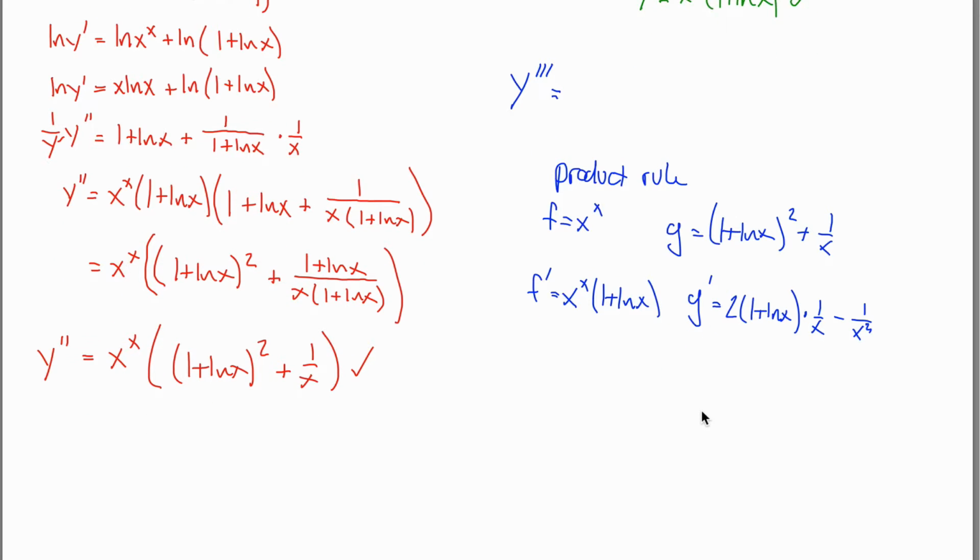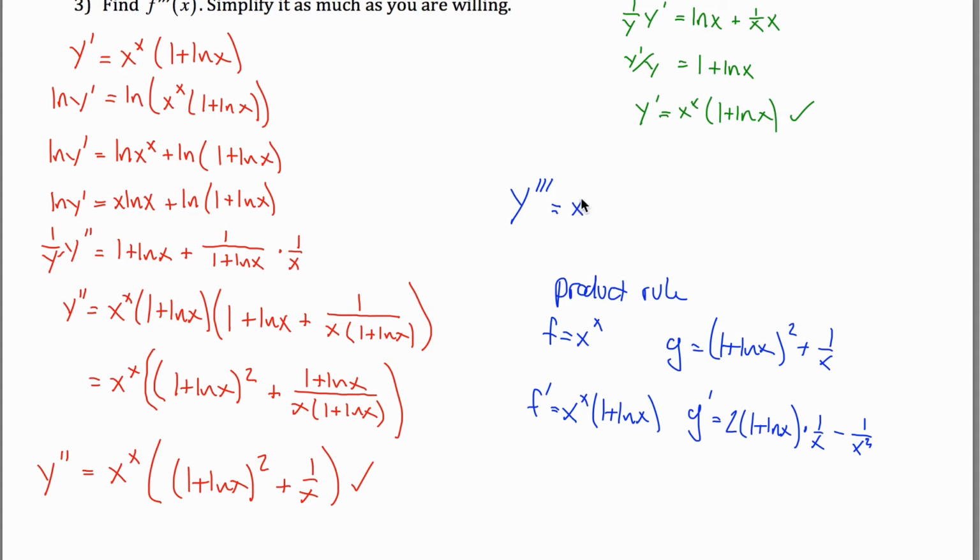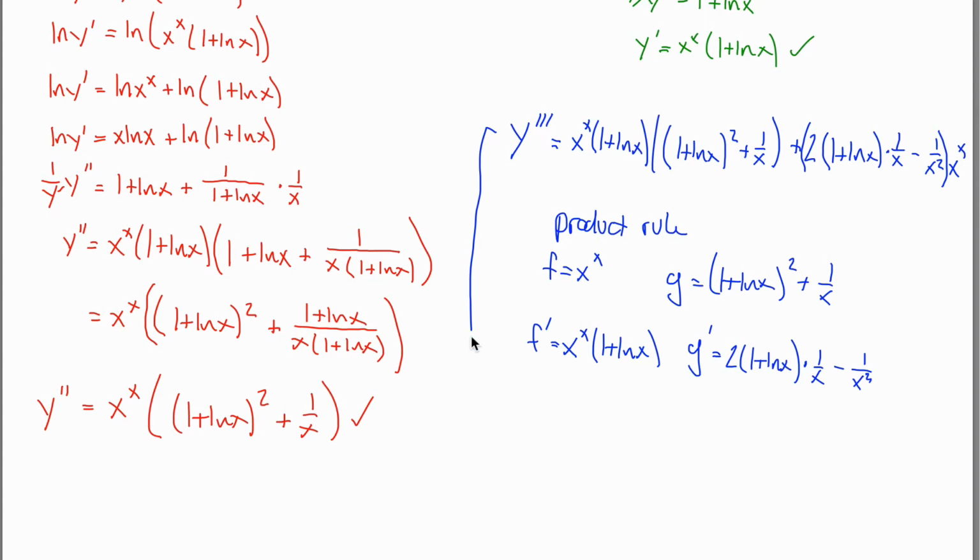And so if I take all these pieces and put them together, I got f prime, which is x to the x times 1 plus natural log of x, times g, which is (1 plus the natural log of x) squared plus 1 over x, f prime g plus g prime, which is 2 times 1 plus the natural log of x times 1 over x minus 1 over x squared, times f, which is x to the x power. So there's my third derivative, one way to get there.